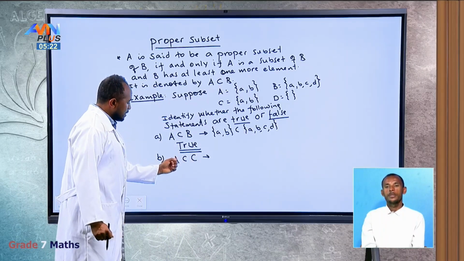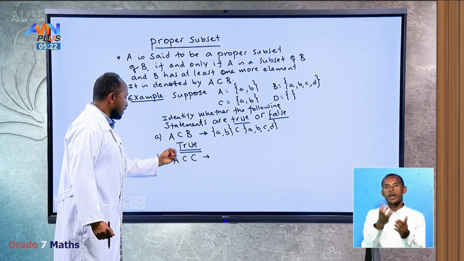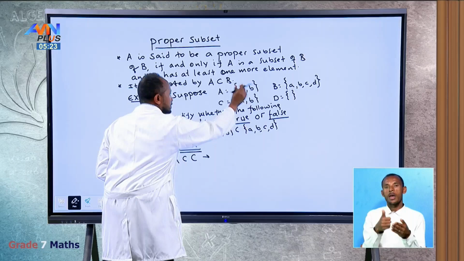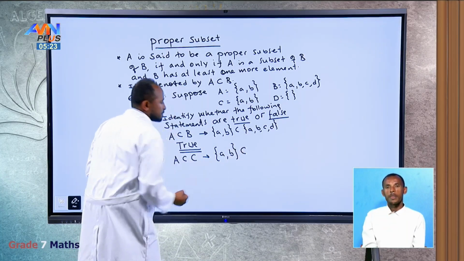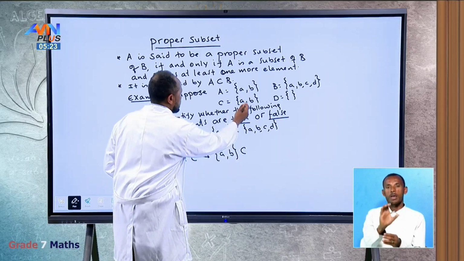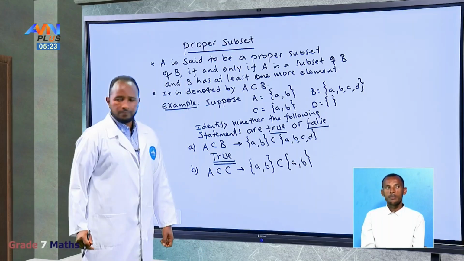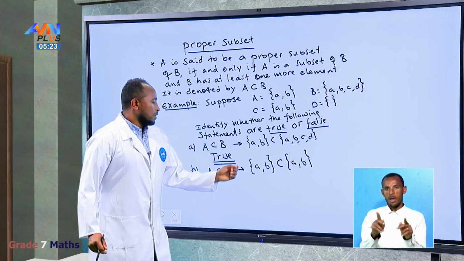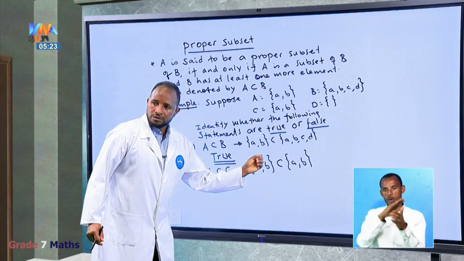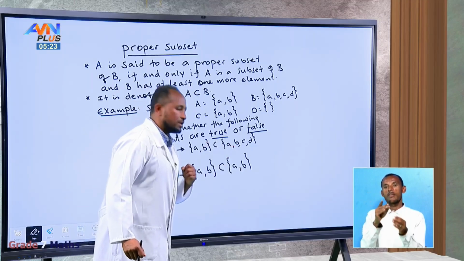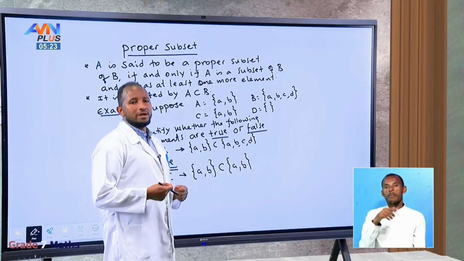Here it says set A is a proper subset of set C. Now let's see the elements found in set A. Set A contains the elements A and B. Set C contains A and B. The meaning of proper subset is that all elements in this set are found in the second set, and in addition, the second set must have at least one more element.